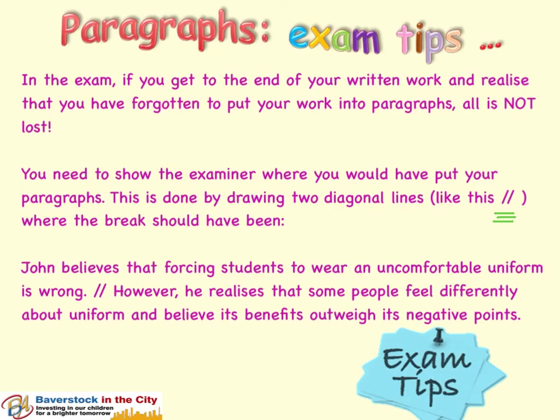Now, we do need a new paragraph just here because we've gone on to talk about John, who believes that students shouldn't wear uniform, and then we are changing to John realising that some people feel differently about uniform. We need a new paragraph just there, and you would put those 2 diagonal lines to show the examiner that that is where you would have had a paragraph break.